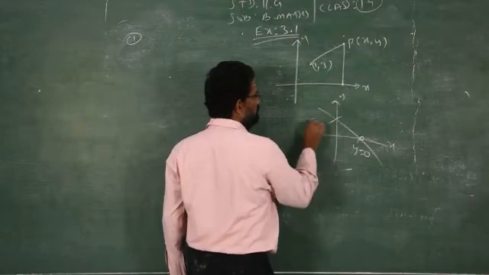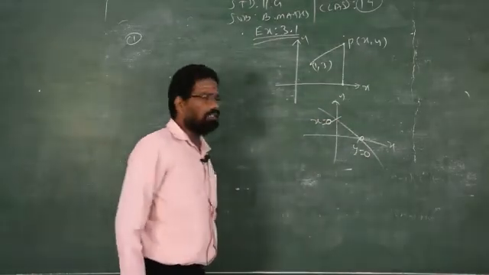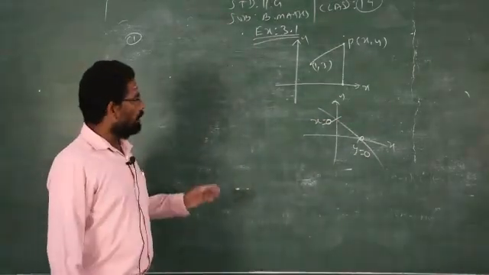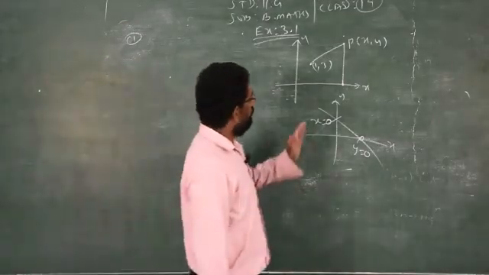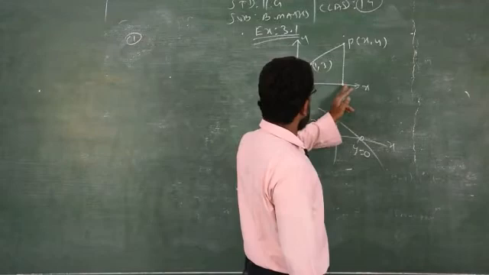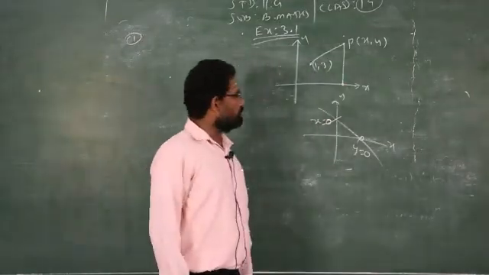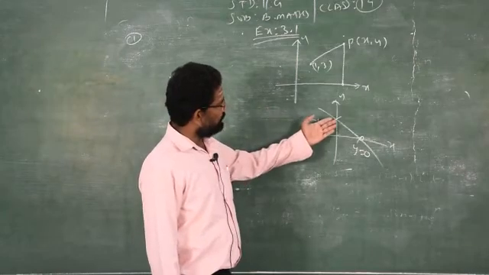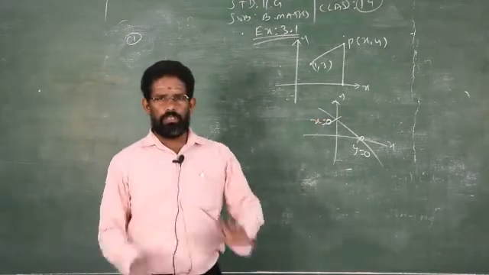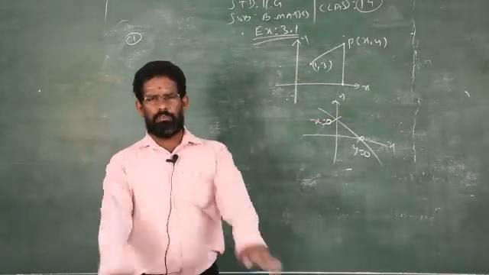On the y axis, x is always 0. That is the concept that you studied in the lower classes. Any straight line or any curve, whatever it is, if it meets the x axis, y is always 0. When it meets the y axis, x will always be 0. That is the standard result that you know very well.